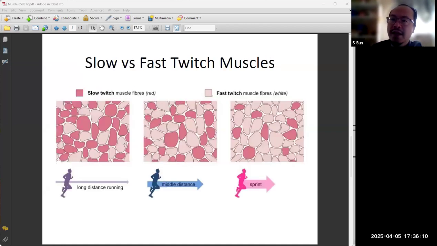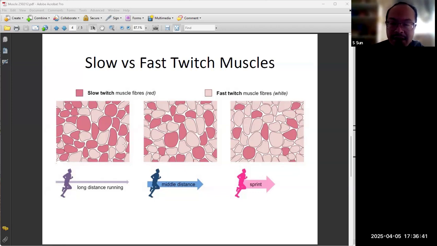So here it shows that even in a group of muscle, even in the same muscle organ, you can have a different distribution of fast twitching muscle versus slow twitching muscle. So what is the major difference? Fast twitching muscle reacts faster. Fast twitching muscle can utilize its own energy to supply the need of the action.